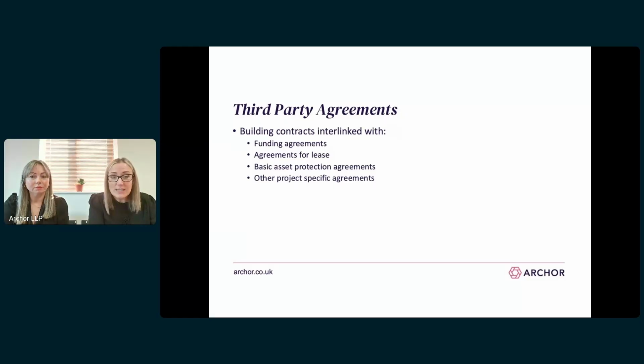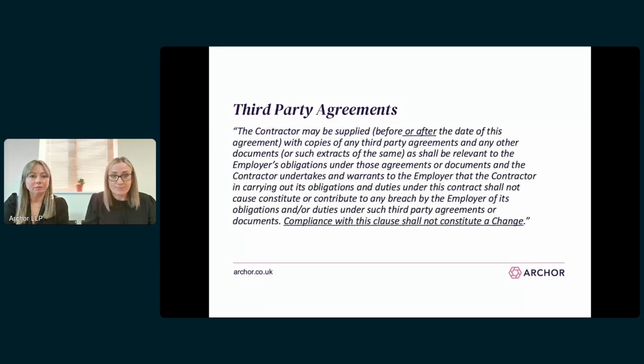So this is fine in principle, provided that the contractor has had sight of these agreements prior to the date of the contract, and the contractor knows what it has to do, and it's priced and programmed accordingly for this. But we frequently see amendments to the JCT contracts whereby contractors are expected to comply with third-party agreements whenever those agreements are provided, and compliance with such agreements will not be a change.